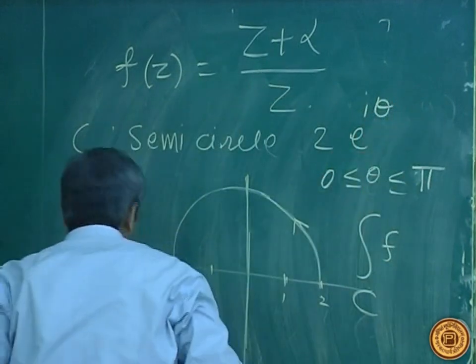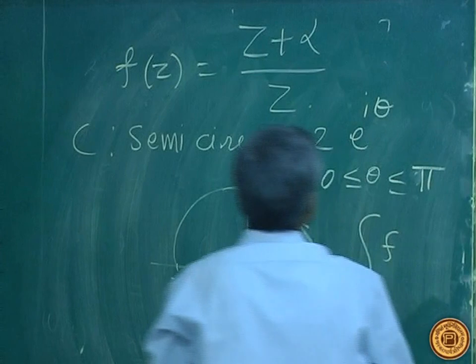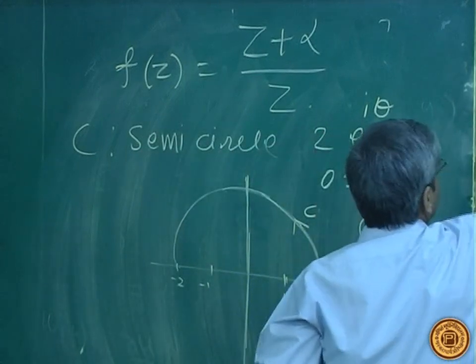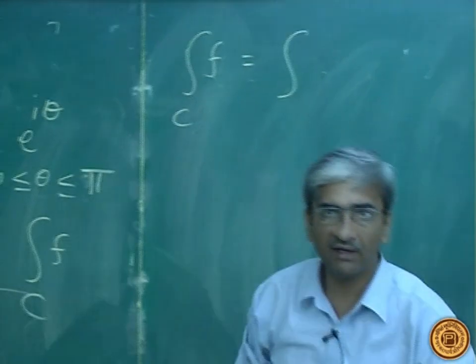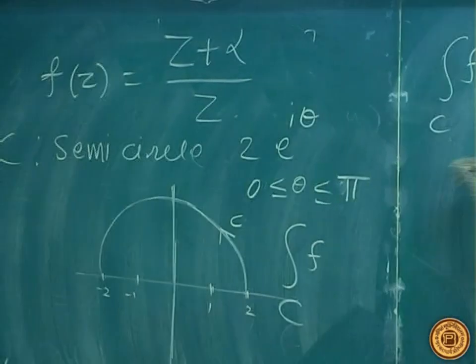So what is the problem? We find out the integral now. So the integral of f over C, this contour I denote by C, is from a to b, but what does a to b mean? The parameter interval. So here the parameter interval is 0 to pi.